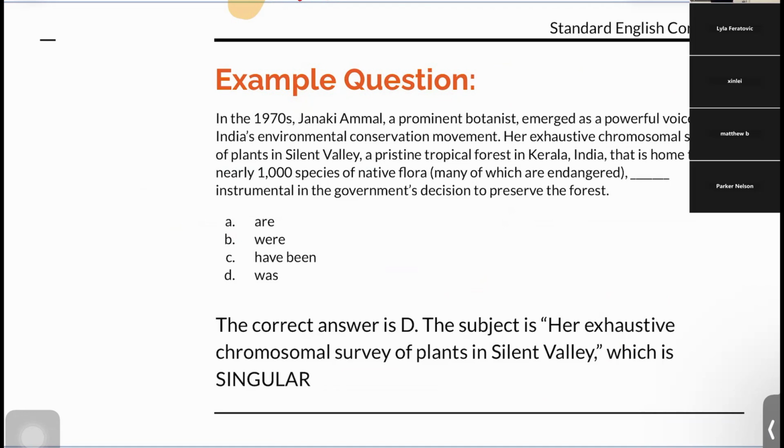So, her exhaustive chromosomal survey of plants in Silent Valley ends up as a whole being the subject, and her exhaustive chromosomal survey would be the simple subject. This is a couple of words, but that's the simple subject. That's a singular noun, a singular subject. And based on these choices here, we have a bunch of plural ones, which leaves us only with was. So that's the thought process you're going to go for here.